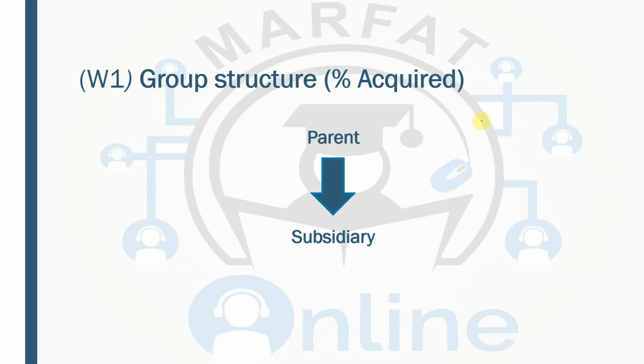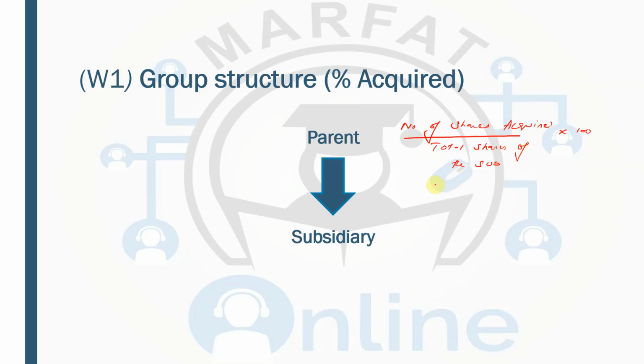So mostly this is given in the question, and if it is not given in the question, you can calculate it. How you can calculate it is: number of shares acquired divided by the total shares of the subsidiary, multiplied by 100.